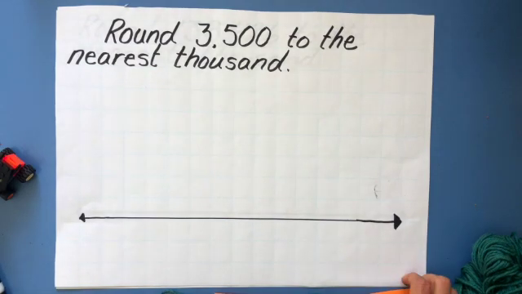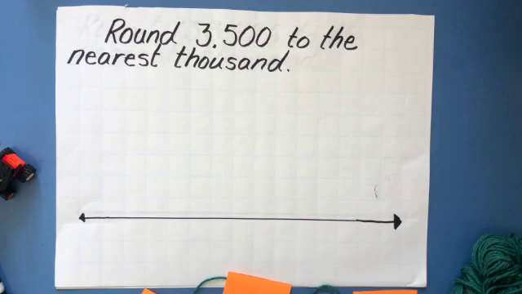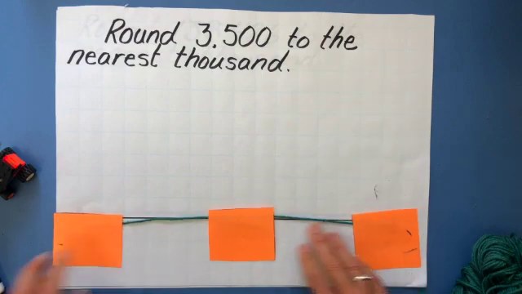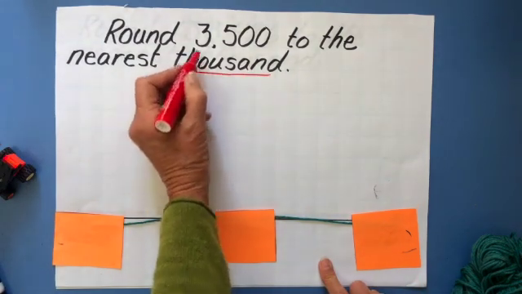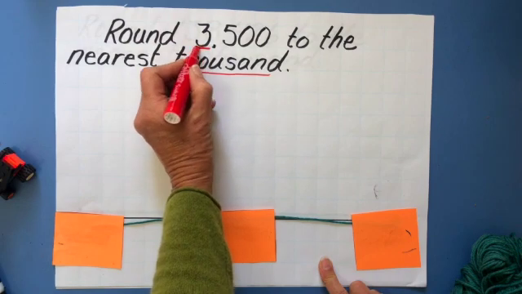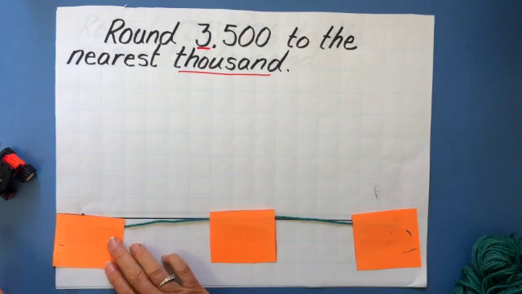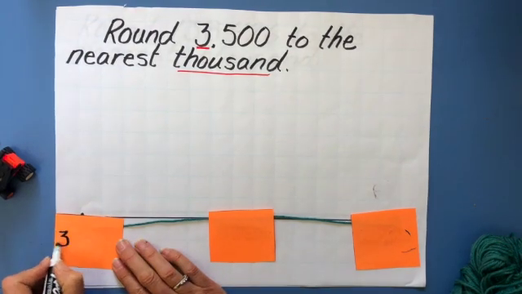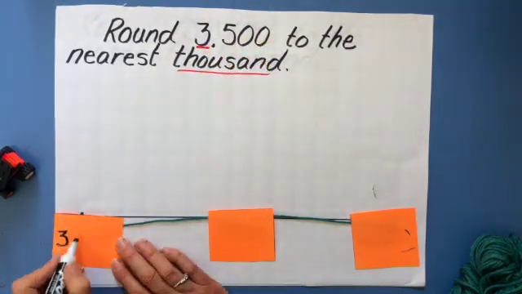Let's say now we're doing round 3,500 to the nearest thousand. I'm doing the thousands place, so I want to underline that 3 because that's in the thousands place. Now I'm going to put that number on my card here, and I know this one will be the smallest because I'm just taking that number, and each other digit is going to become a 0.